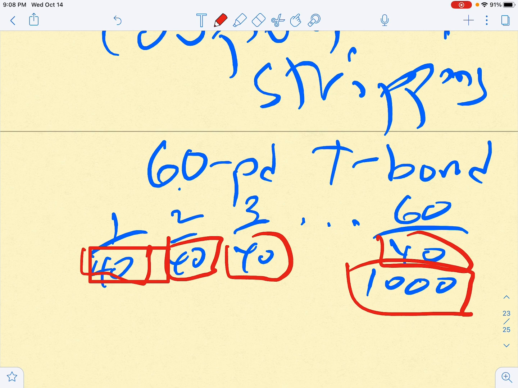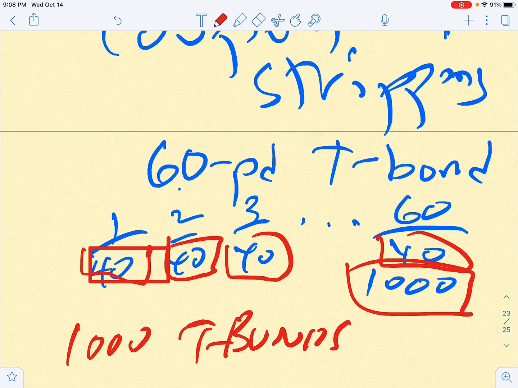Now, to make this example clear, we're going to pretend that we, as an investment banking firm in the early 1980s, bought 1,000 of these T-bonds. So with that assumption, this is 40,000, and that's 40,000, that's 40,000, that's 40,000, and this is 1 million right here, 1,000 thousands.